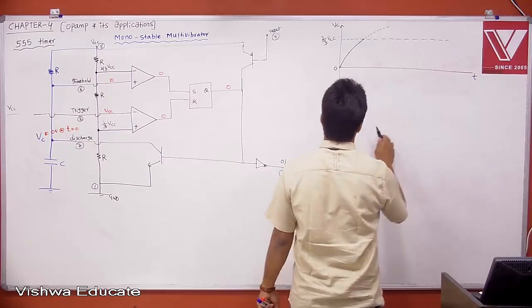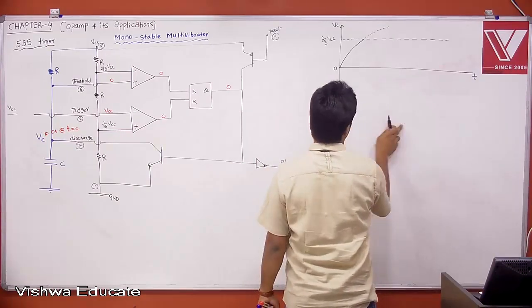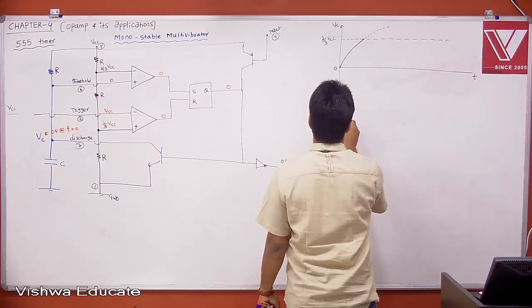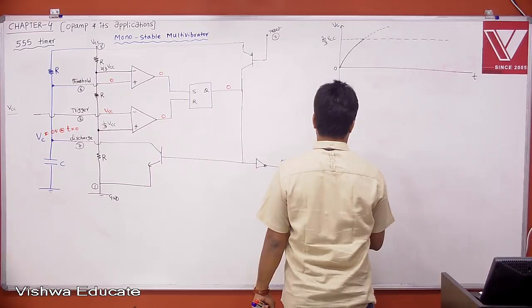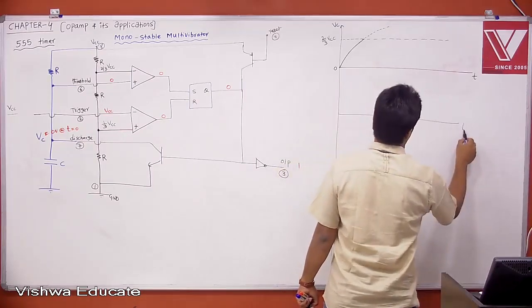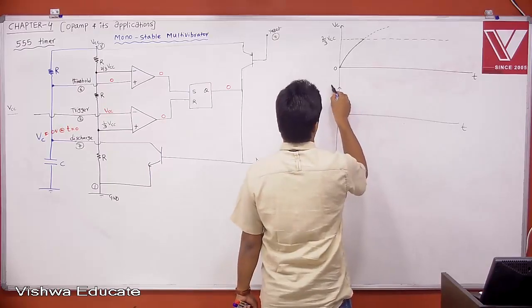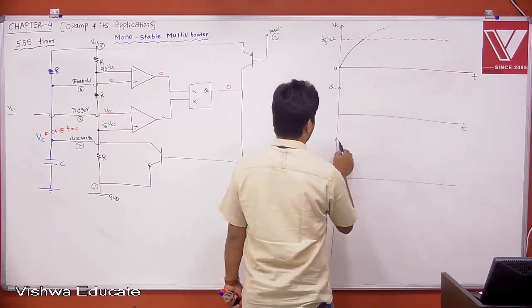I think that is not required. Directly I can tell you what will happen to Q. This is Q. Then I'll explain the trigger. This is our trigger.